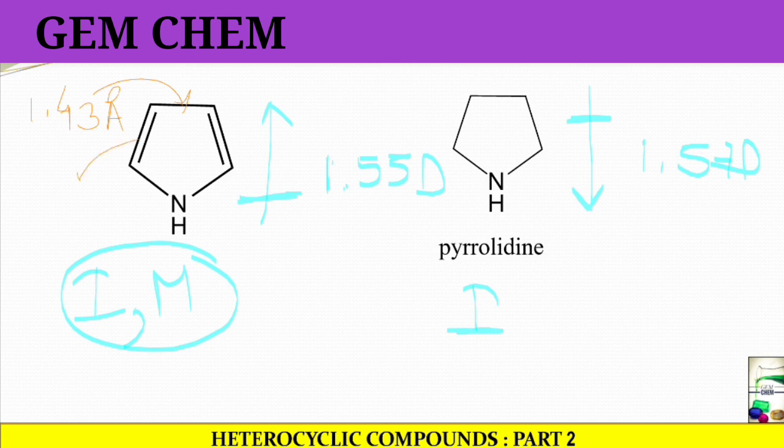The next one, that is this bond length, is 1.37 angstrom, and the last one, which is this one, is 1.38 angstrom. So these were the different aspects of the structure of pyrrole.